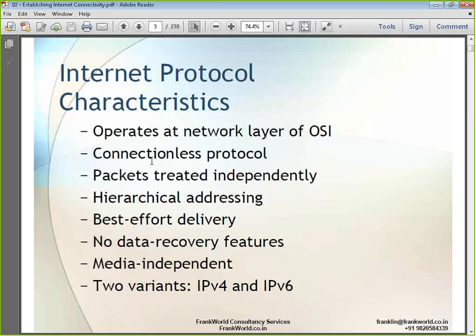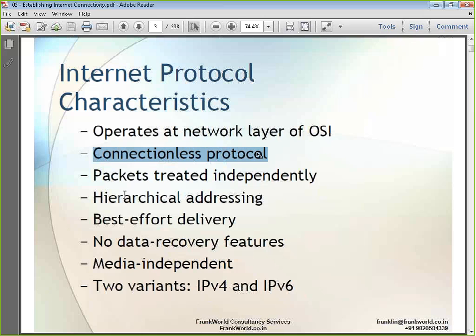Because whenever I talk about an IP, it is just used as an identifier for devices to communicate with each other, or to determine a particular destination where I want to send packets or traffic. That's where I would make use of the IP. That's why I would call IP a connectionless protocol.